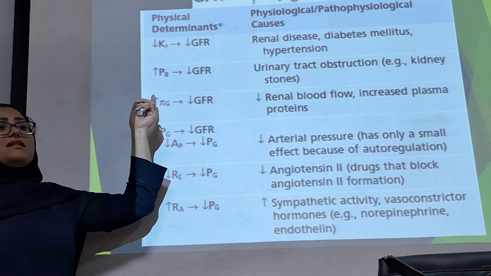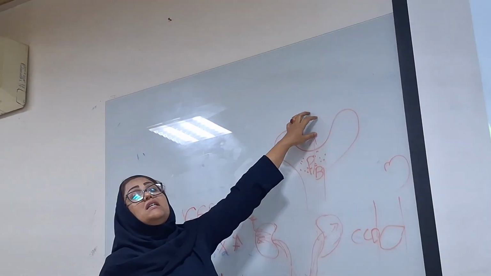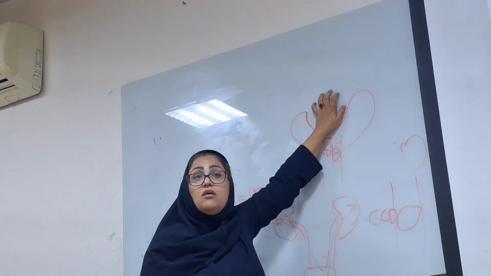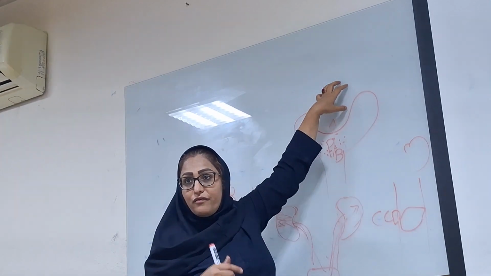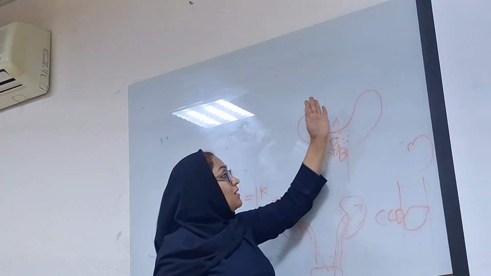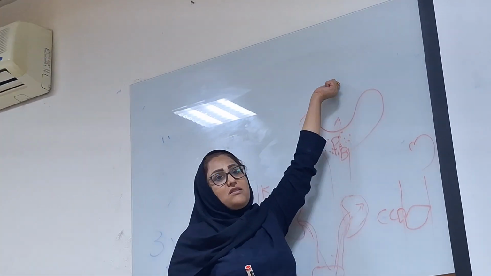Pi G increasing means osmotic pressure increases here. Is it favoring or opposing filtration? It should be opposing. Proteins here oppose filtration, because the direction of filtration is in this direction and proteins pull water in the opposite direction.